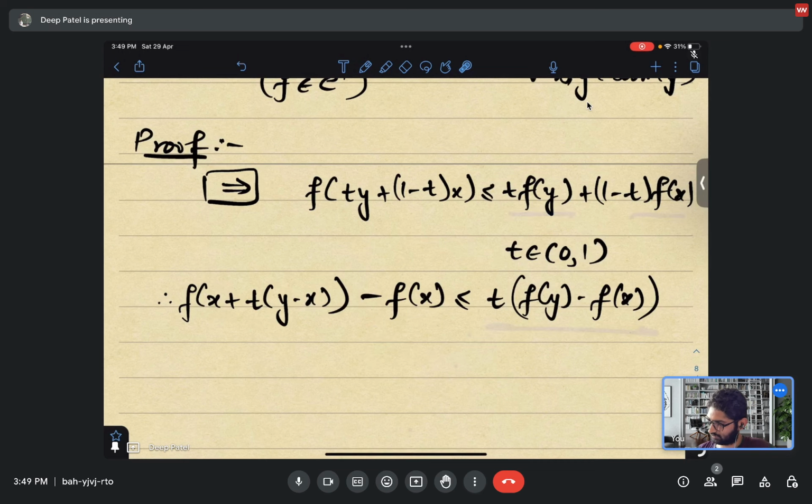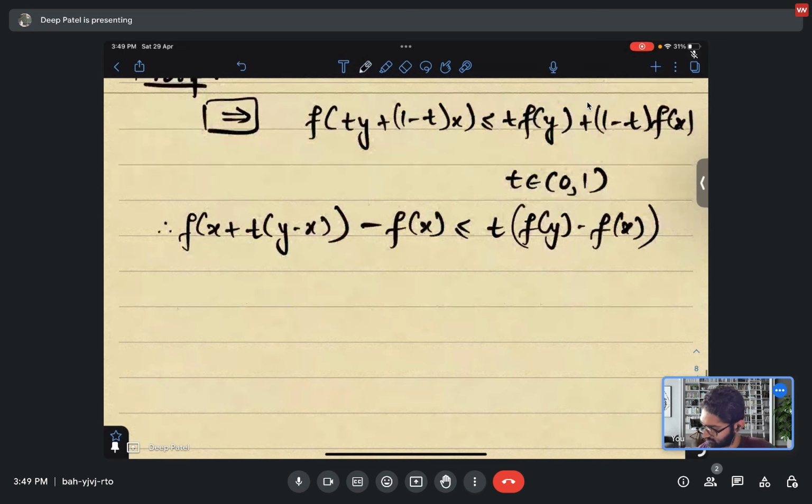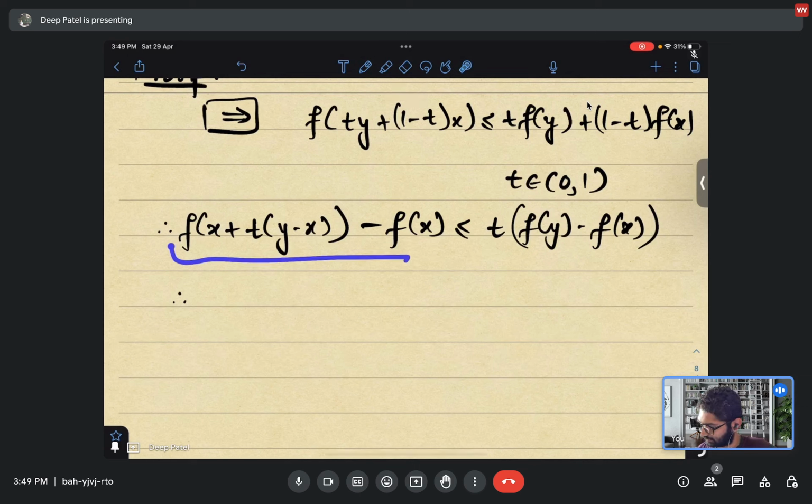Okay, so this is what I have, and so one reason you see I'll be taking the t here, and you might anticipate what's coming here. I'm going to take limits and introduce derivatives here, and for that I would need things to be well defined.